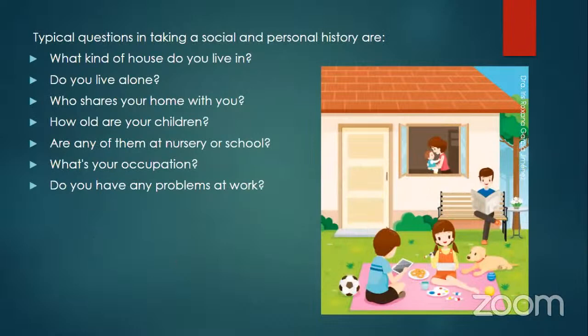The most common questions in social and personal history: what kind of house do you live in? Do you live alone? Who shares your home with you? How old are your children? Are any of them at nursery or school? What's your occupation? Do you have any problems at work?